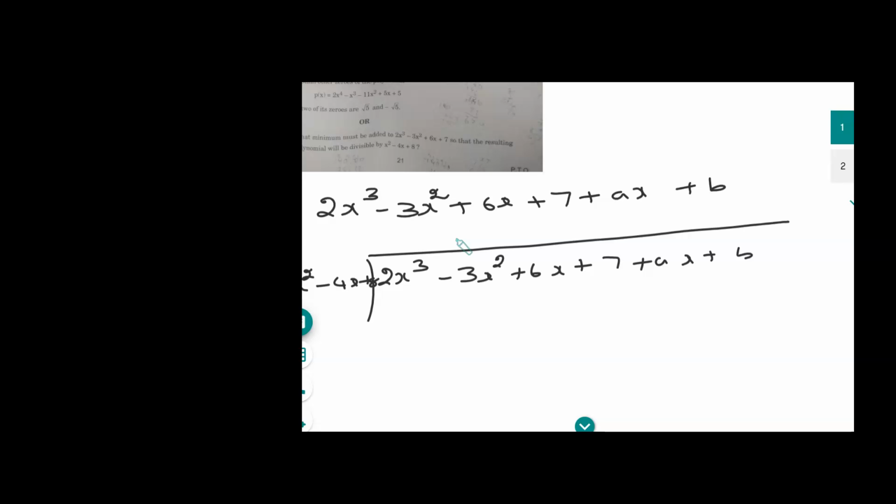First let us divide it by 2x. So that would give you 2x cubed minus 8x squared, 8 2s are 16, plus 16x. Change the symbols. So 8 minus 3 is 5x squared.